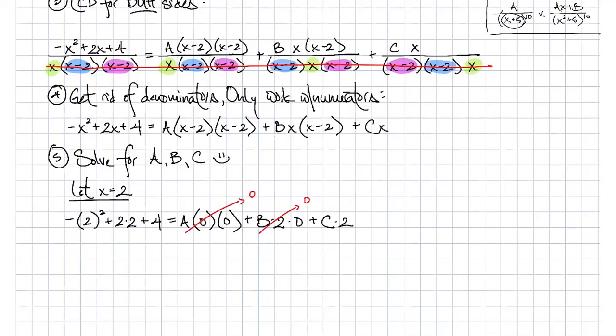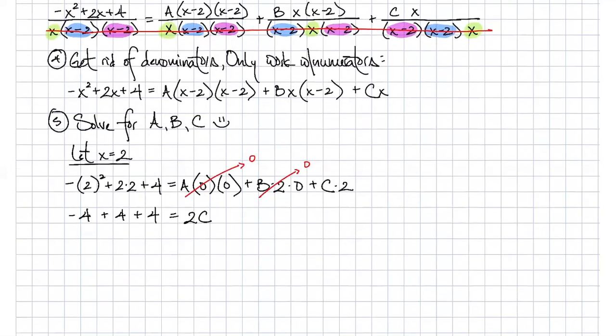And so we end up with, let's be careful about our signs on the left-hand side, negative 4 plus 4 plus 4 equals 2C. And so I end up with 4 equals 2C, or C equals 2.